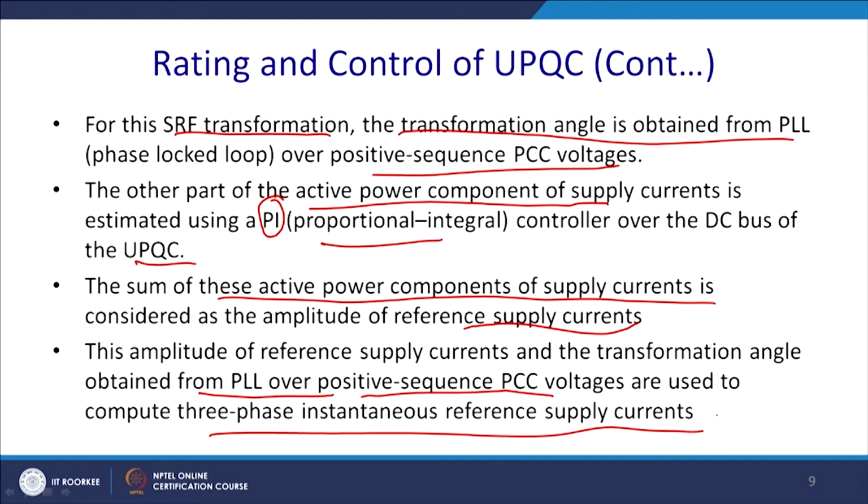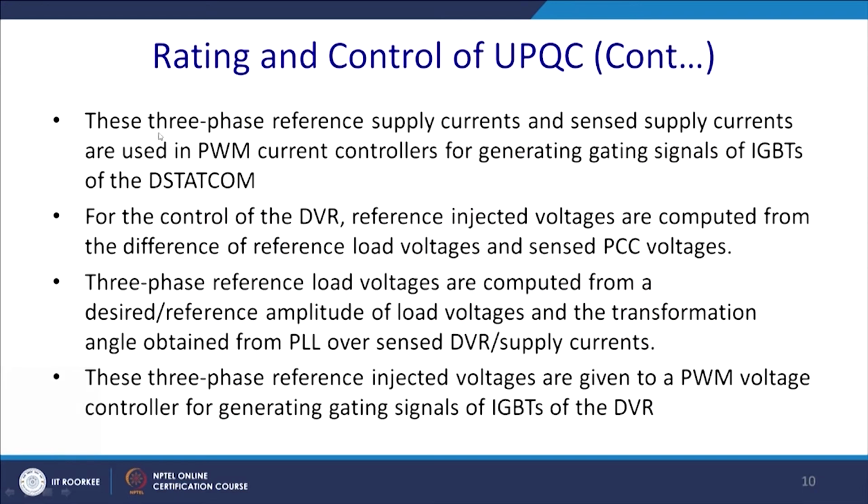So, in that way you can compute the 3-phase reference supply current with the SRF. The sensed supply currents are used in the PWM current control for the generation of the gating signals of the IGBT of the D-STATCOM. This is the D-STATCOM part of the control by the SRF technique.